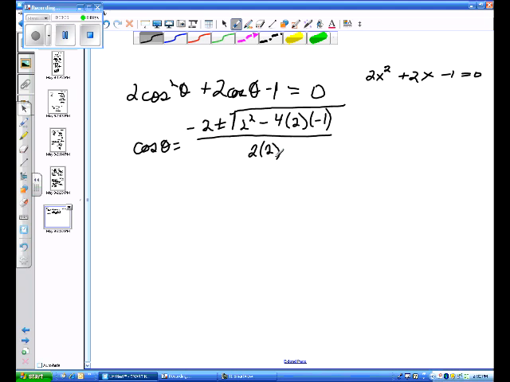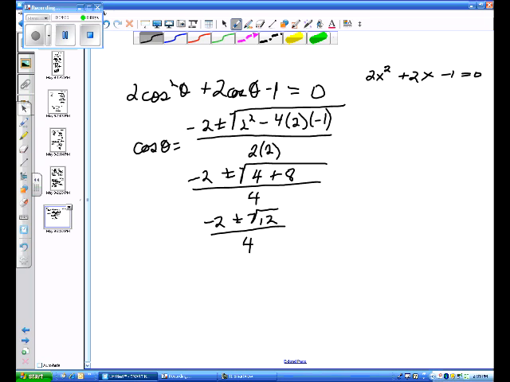And we use our quadratic formula just like we would have used with the x's. We just use our coefficients, the a, b, and c. So this is negative 2 plus or minus the square root of 4 plus 8, over 4. Or negative 2 plus or minus the square root of 12, over 4.